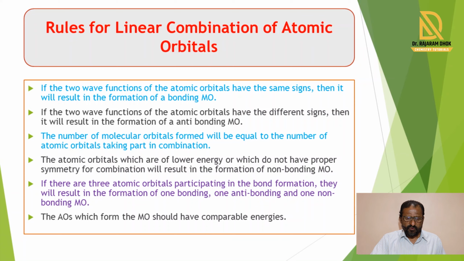Out of those, one is a bonding molecular orbital, another is an anti-bonding molecular orbital, and the third is a non-bonding molecular orbital. In this way, when four atomic orbitals combine, four molecular orbitals are formed. The same number of atomic orbitals gives the same number of molecular orbitals.